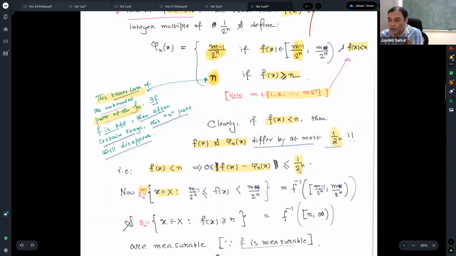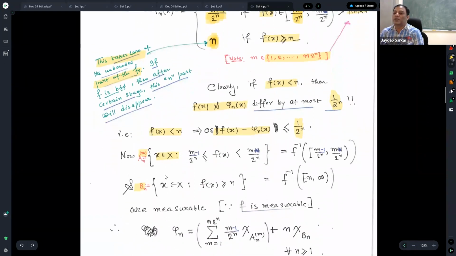That means this is nothing but f inverse of this subinterval, and B_n is just the leftover. So B_n is those x such that f(x) is larger than or equal to n, that means f inverse of [n, infinity). Now these are measurable. Why? Because f is measurable. So these are measurable subsets of X.